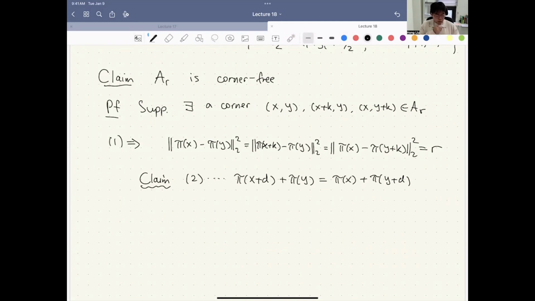Assuming 2, now let's define A to be the vector which is the difference of pi of x and y, and define B to be the vector which is the difference between x plus k. I wrote something wrong here. This should all be k.